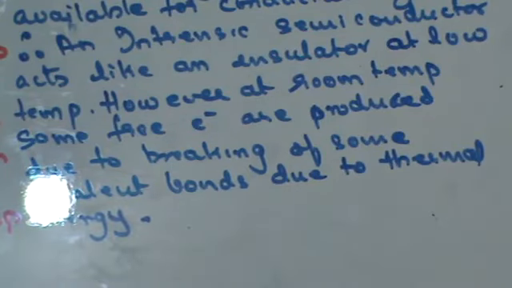These free electrons reach the conduction band and leave an equal number of vacancies, which are called holes, in the valency band.